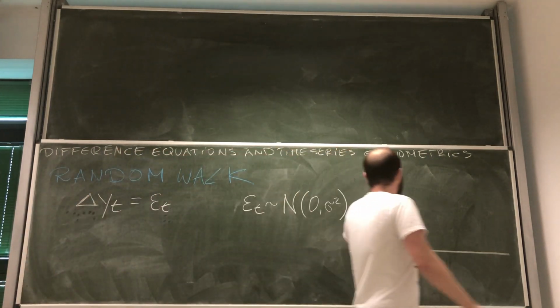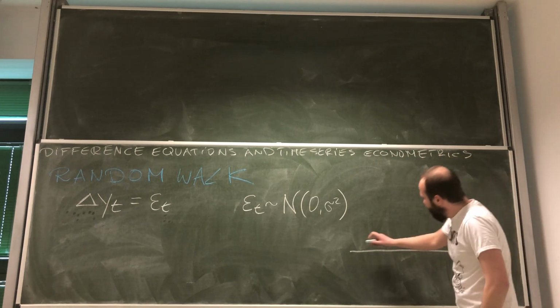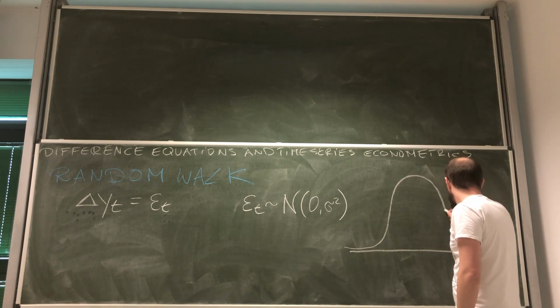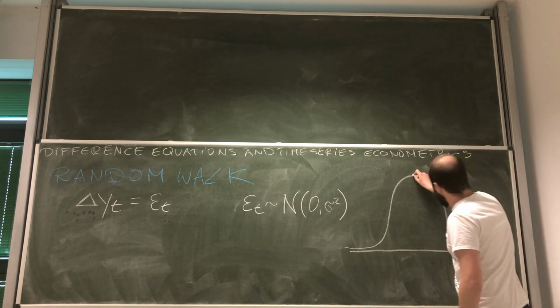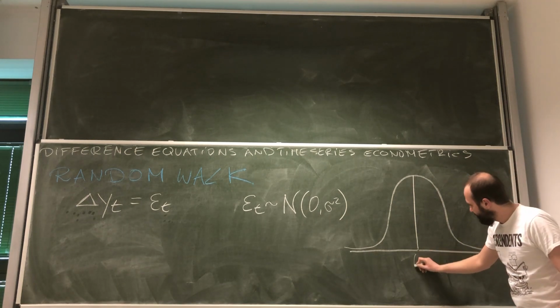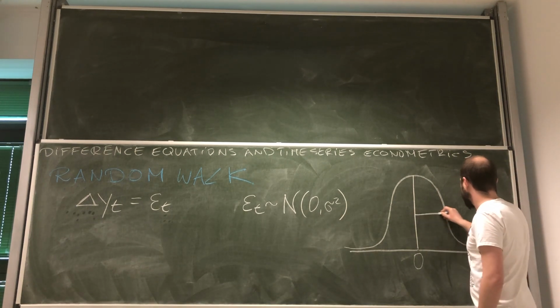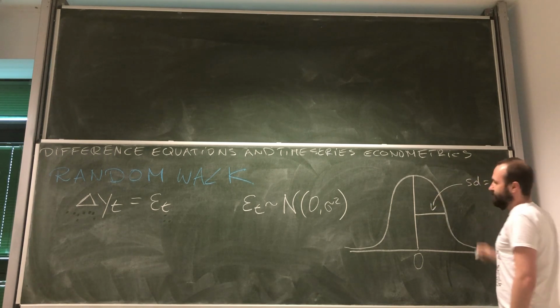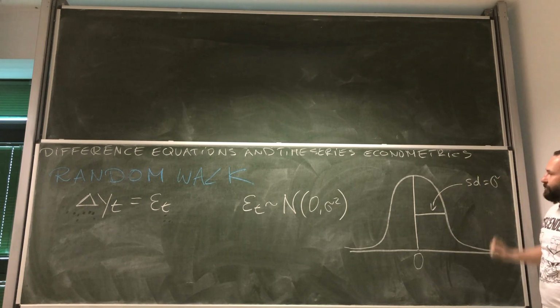Imagine that we've got a probability distribution that is normal, and it has zero mean and standard deviation equal to sigma.